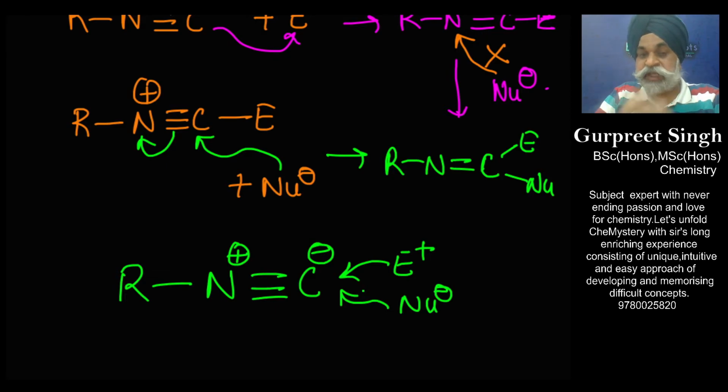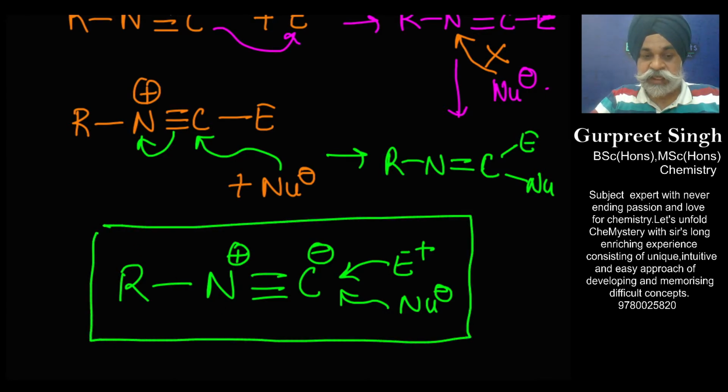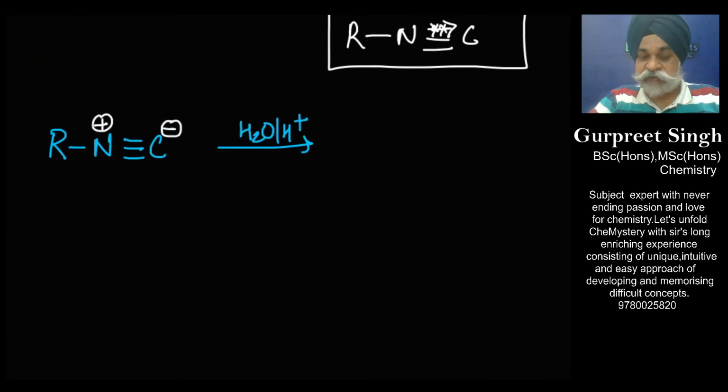Unlike the case of alkenes, alkynes, cyanides, or aldehydes and ketones, where reagents add across one atom with one part, and the one which is added to the next part is either electrophile or nucleophile depending on the type of reaction. Now what we have concluded is that in isocyanates electrophile and nucleophile add across the same carbon. Now let us see how the water would have attacked it.